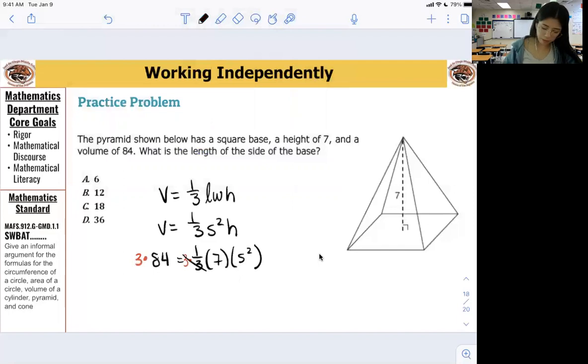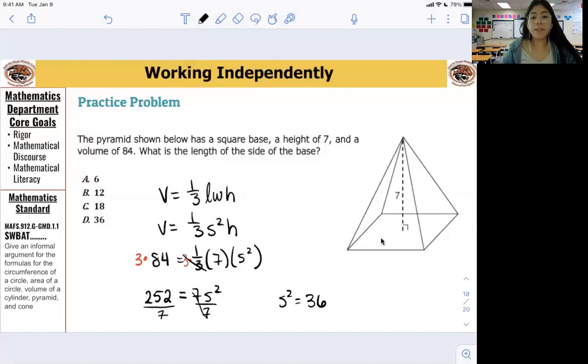That gives me 252. I can divide that by 7. I get S squared equals 36. But that's S squared, and I'm just looking for S. So I'd have to take the square root of both sides. I get 6. Answer choice A.